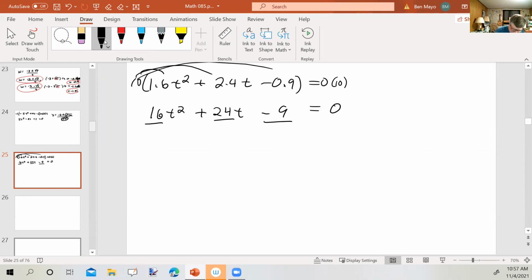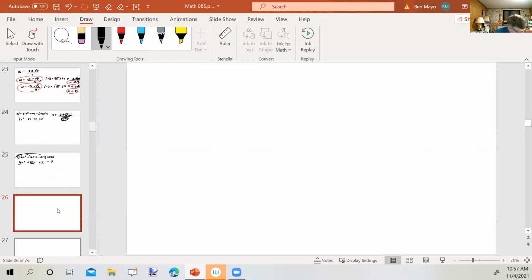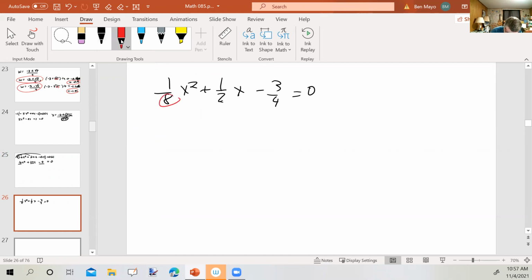Another example is where we have fractions. 1/8 x squared plus 1/2 x minus 3/4 equals 0. If we look at each denominator and find the least common denominator of 8, 4, and 2, the least common denominator in this particular example is 8.